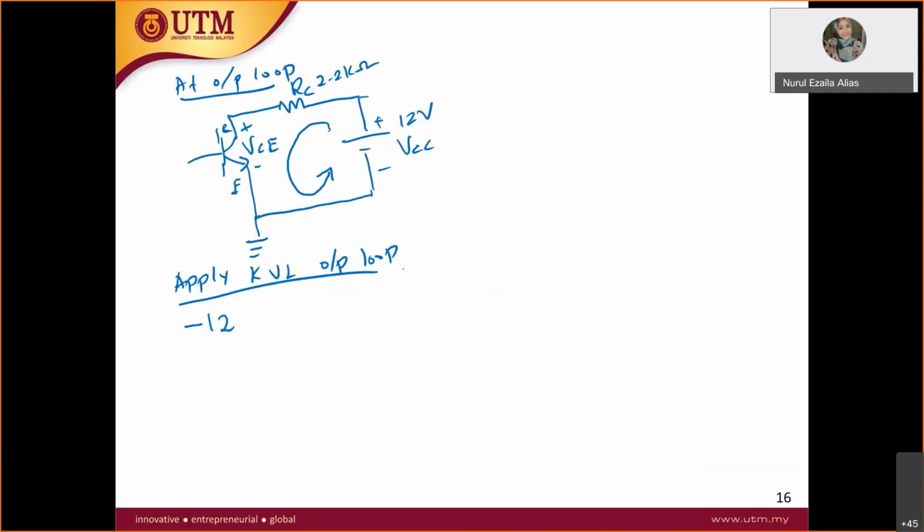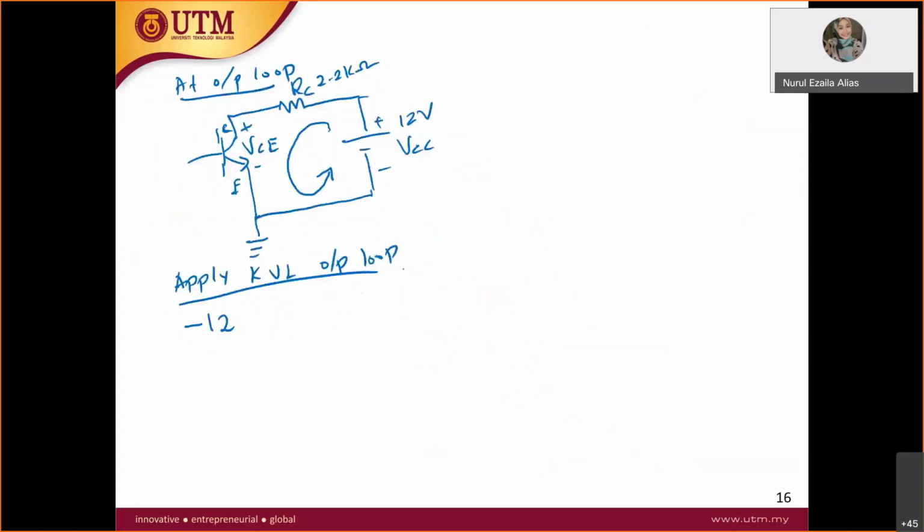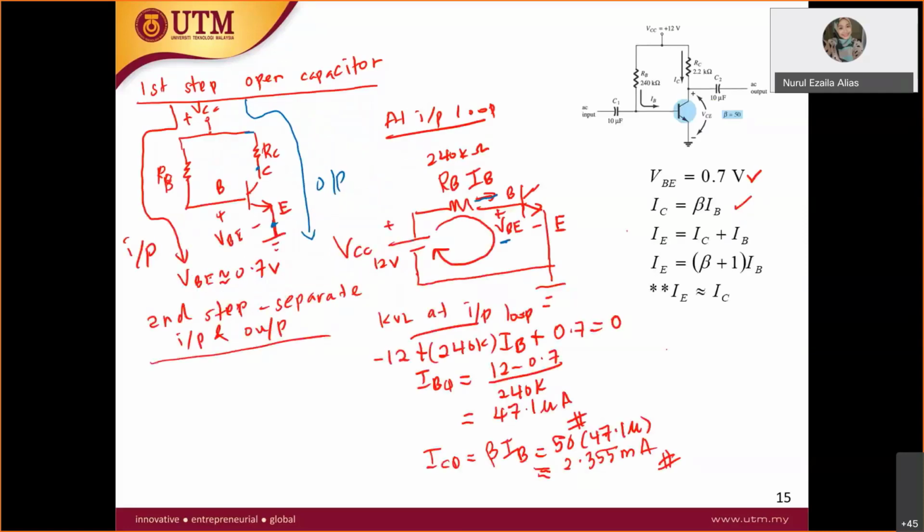In the input loop you have IB; at the output loop, what current is involved? You have IB, collector, emitter and base. The current involved here is IC, and this is IE.